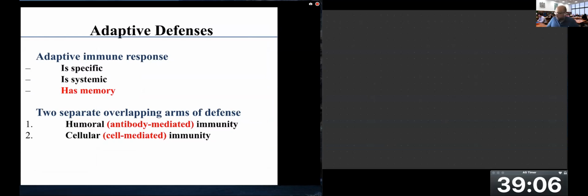Adaptive defenses have very important common features. First, they are specific. They act specifically on target pathogens. So if I am a B cell that is attacking, let's say, rubella, I won't be attacking streptococcus.